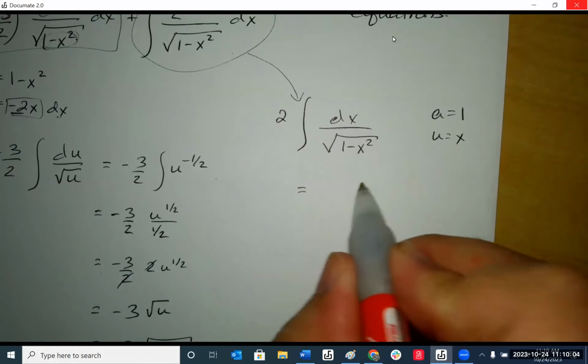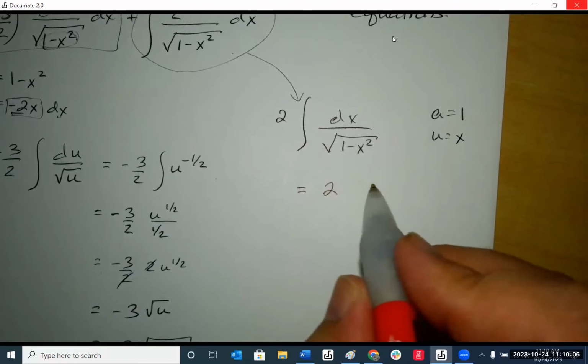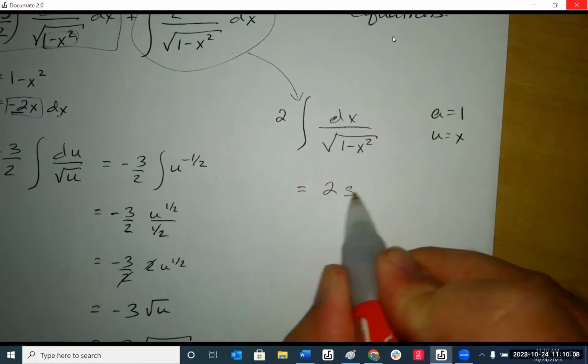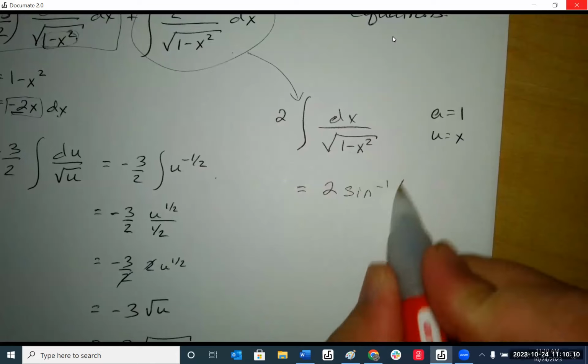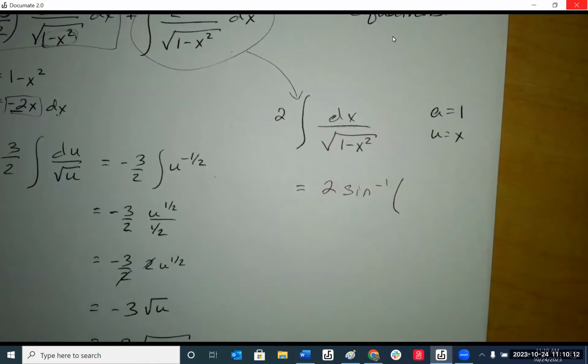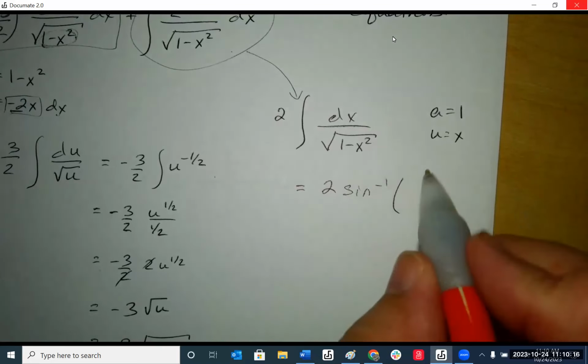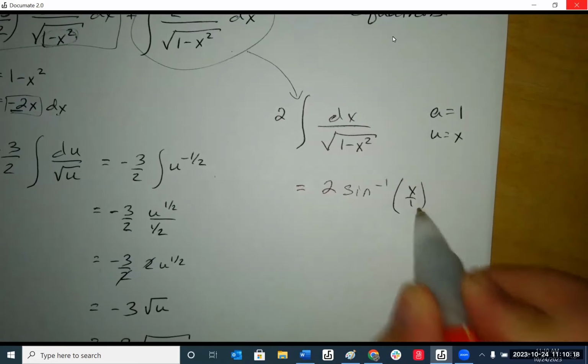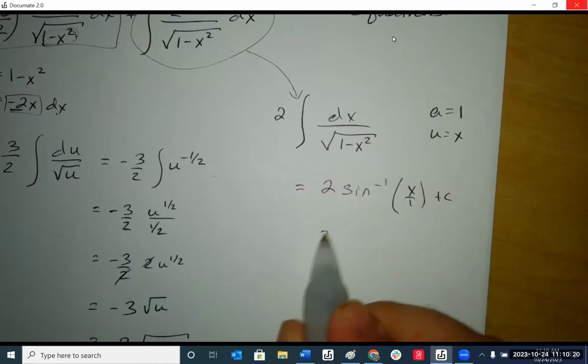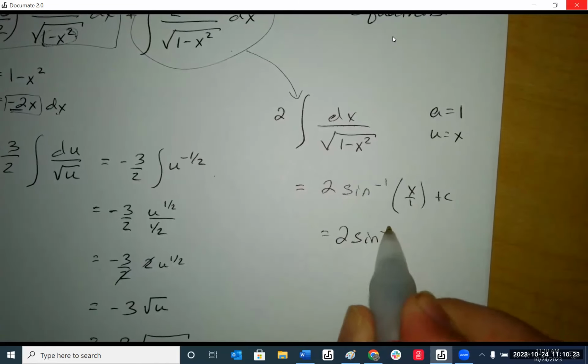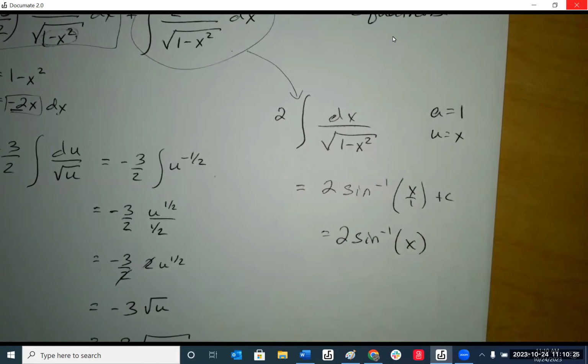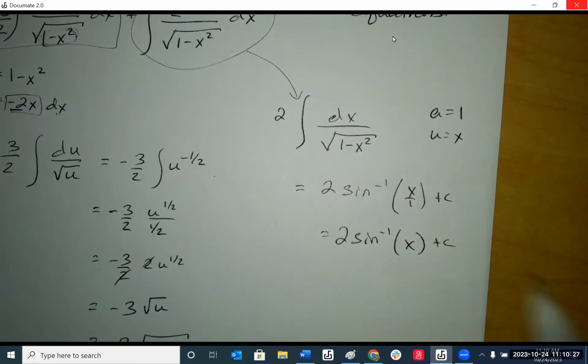So this one equals 2 times the inverse sine of u over a, which is just x, so it makes it 2 inverse sine of x plus c.